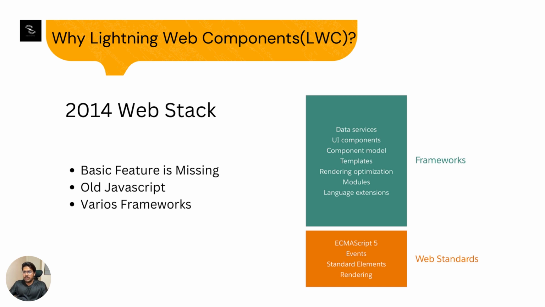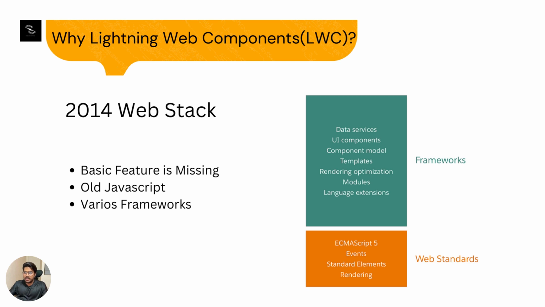Then the frameworks came into the picture at that time. Those essential features required to create Lightning Web Components were covered by the framework. Some of the basic key features, like data services, UI components, component model, and templates, are all given by frameworks, and that helps to create a Lightning Web Component.